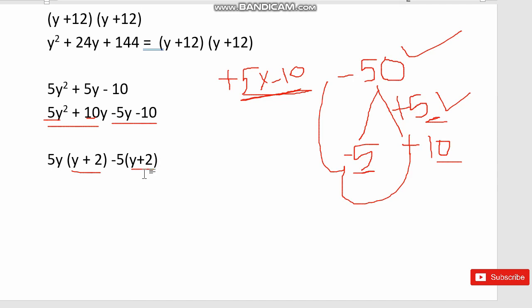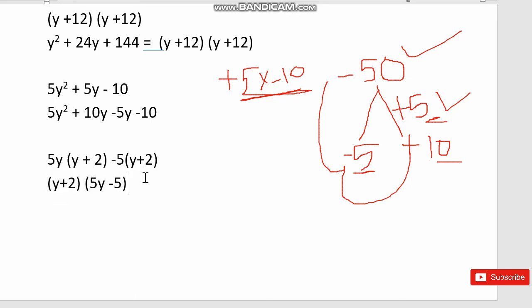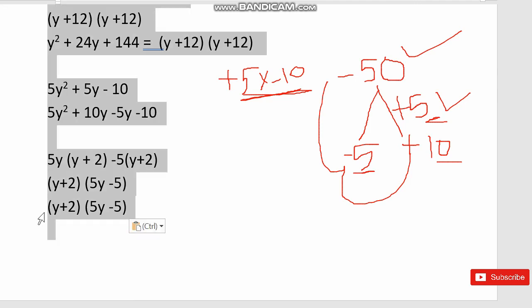So we can write y plus 2, and in the second bracket 5y minus 5. So this is the second bracket. Now we can also take 5 as common from this bracket.